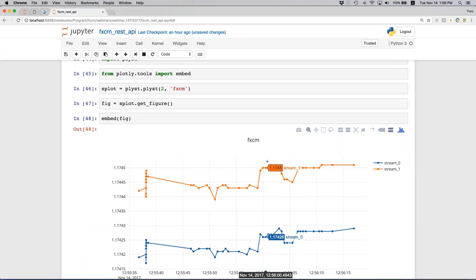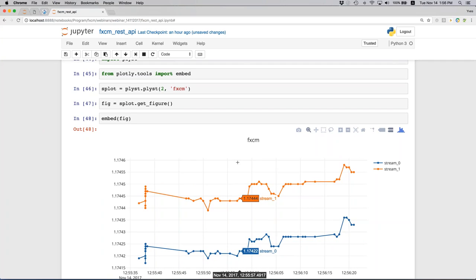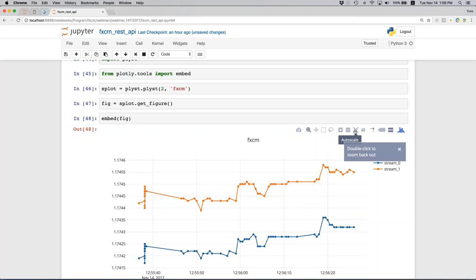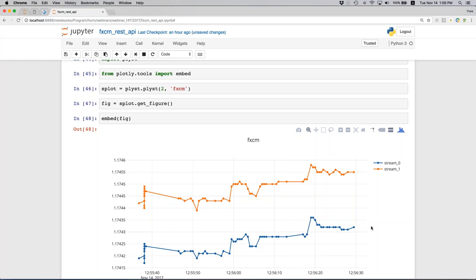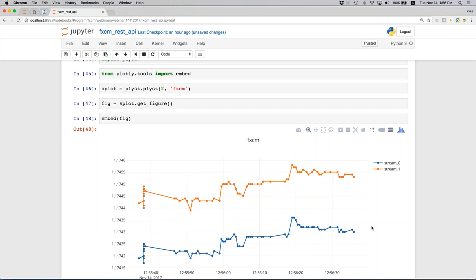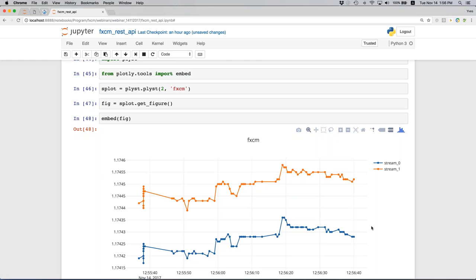So the same benefits of what I've pointed out with regard to D3.js and Plotly from before apply here as well. So I can always zoom in. And this is just meant as a very simple illustration of how we can retrieve the data in real time and visualize it in real time.